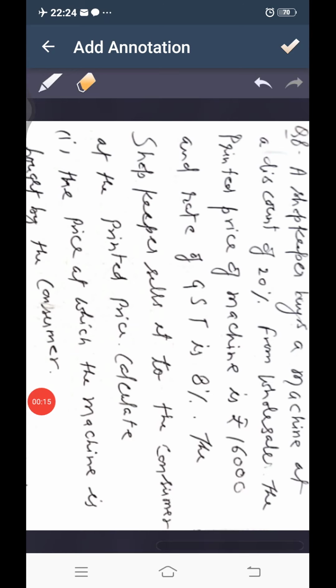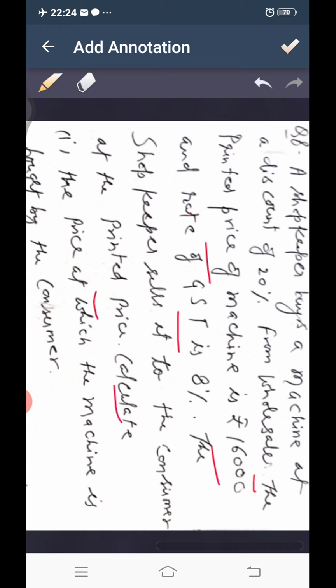Let us take question number 8. A shopkeeper buys a machine at a discount of 20% from wholesaler. The printed price of machine is rupees 16,000 and rate of GST is 8%. The shopkeeper sells it to the consumer at the printed price.